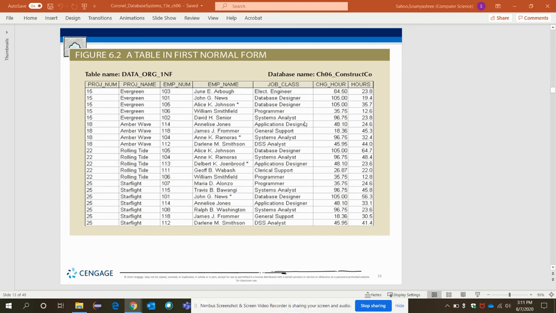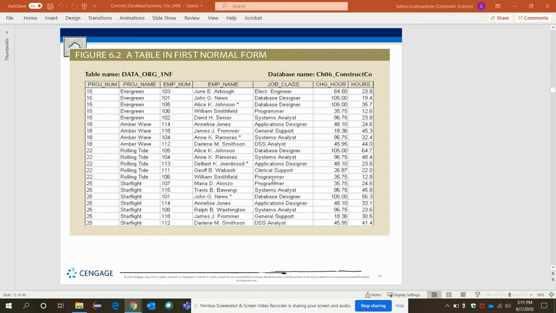Why? Because if you want to change the job class here, you have to see the employee name, how many times it's occurring here. Again, in this record, this is also appearing. So if you change it here, you have to also update it in this place also, and that may lead to a problem.